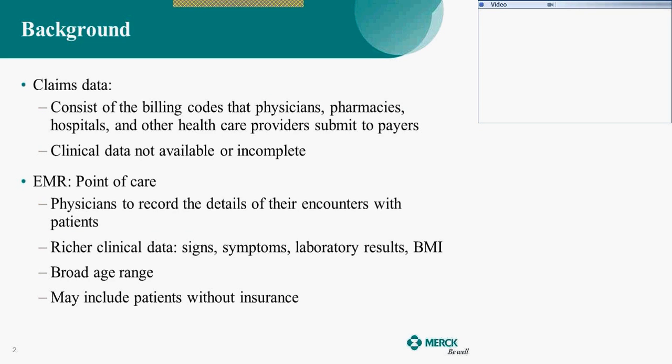Some additional background. The commercial claims database is the most commonly used database for us to conduct real-world observational research. Due to the nature of claims, it has billing codes that physicians, pharmacists, hospitals and other healthcare providers submit to those records.